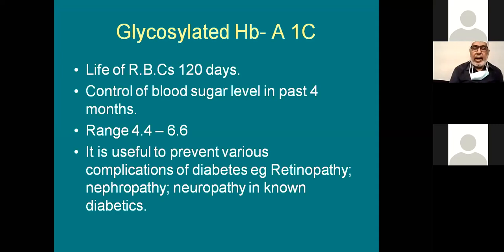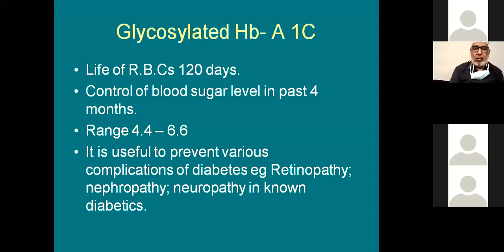So when you look at the glycosylated HbA1c, you can assess whether the patient has maintained the blood sugar level for the last more than 3 months or not. If not, then you will have to advise the patient to maintain it to prevent the complications.